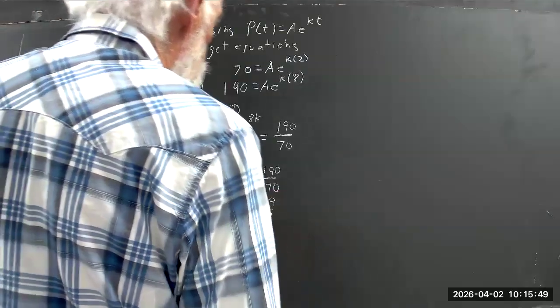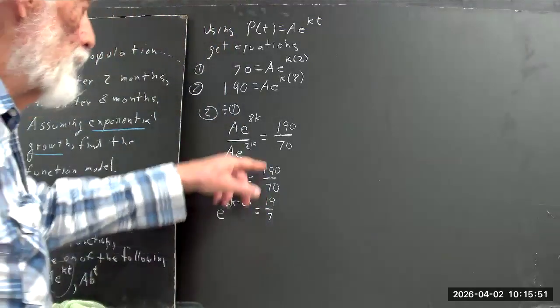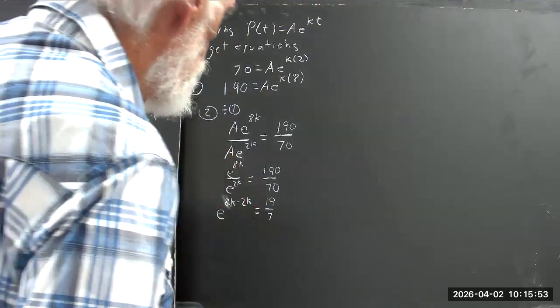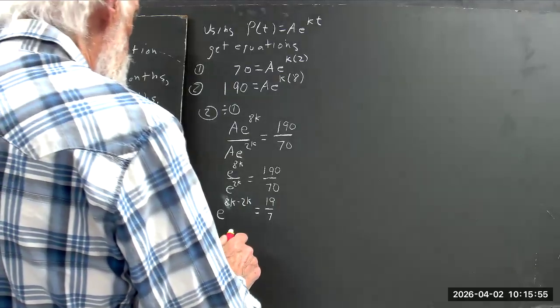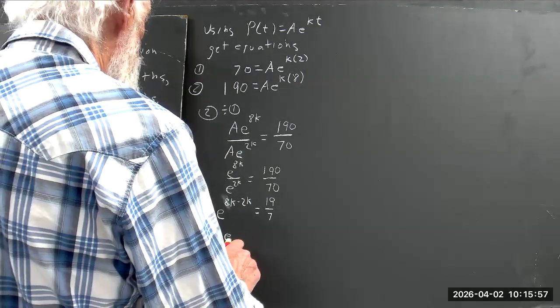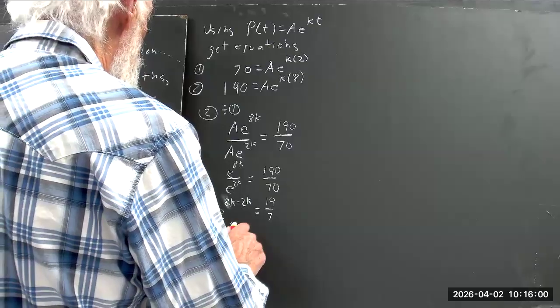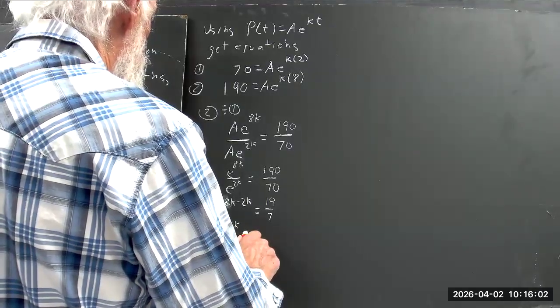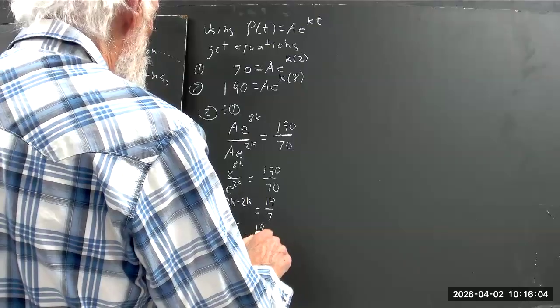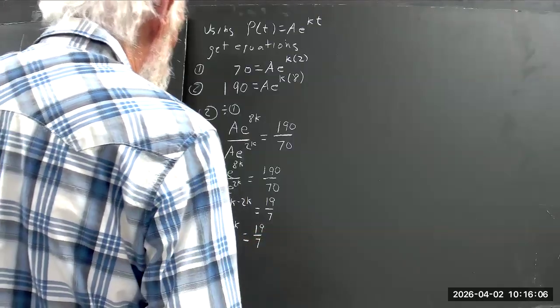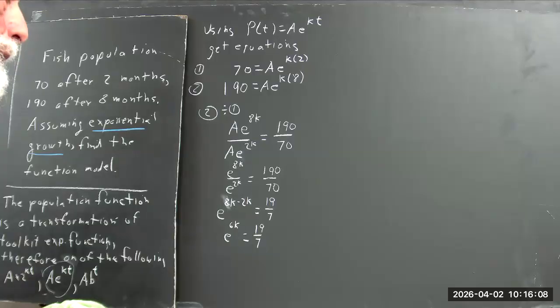And I'll reduce 190 over 70 to 19/7. I could have done that back here. I was concentrating on this. And we get e to the 6k equals 19/7.